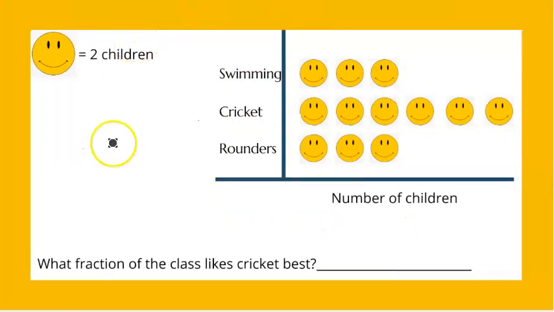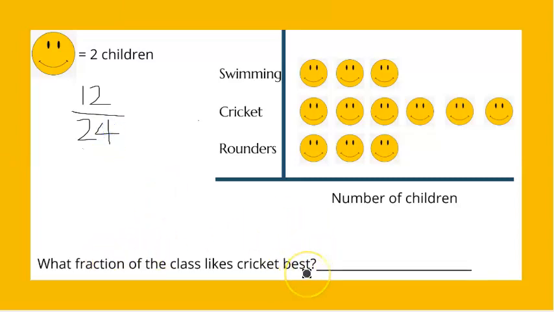Next question. What fraction of the class like cricket? Cricket is 12, remember? 12 over the total number of children in class. Let's count. 1, 2, 3, 4, 5, 6, 7, 8, 9, 10, 11, 12. I have 12 times 2, that's 24. So I'll put 24 here. And then I'll take this to the lowest terms to get the fraction.